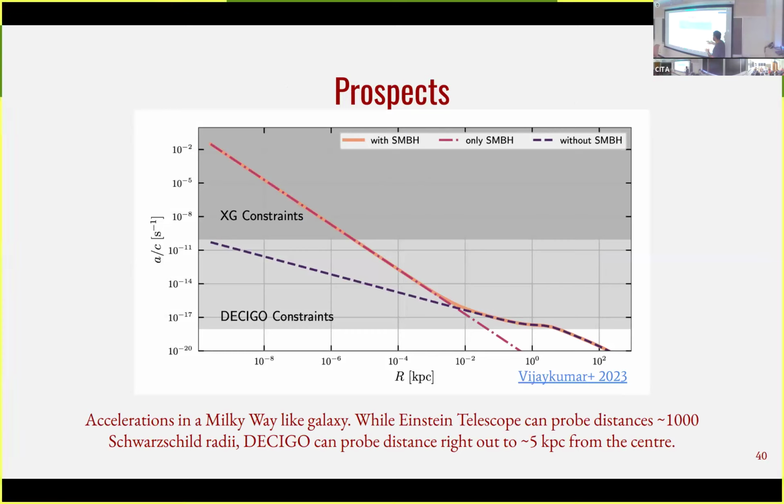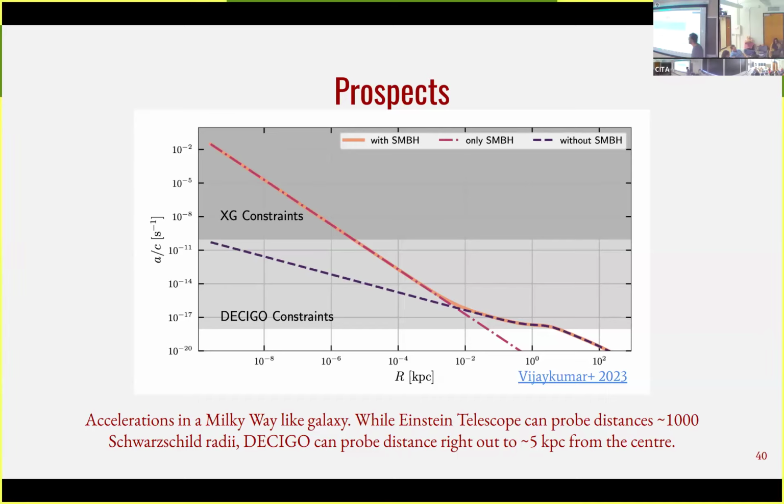So you can probe accelerations of about 10 to the minus 9, 10 to the minus 10 with next generation ground-based detectors, which translates to roughly 10 to the minus 5 kiloparsec, or 10 to the minus 2 parsec, from the center of the black hole or the center of the galaxy. But with Desigo, you can start probing a few kiloparsec from the center of the galaxy. So this is the real power of this method if we have a detector like Desigo.